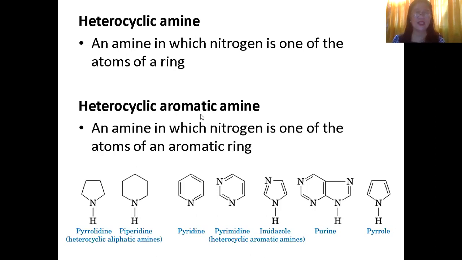So the heterocyclic aromatic amines are amines in which nitrogen is one of the atoms of the aromatic ring. The nitrogen is within the ring, as you can see here. It could be either 1 or more nitrogen. Okay, but in the heterocyclic amine, it is an amine in which nitrogen is one of the atoms of a ring. Okay.